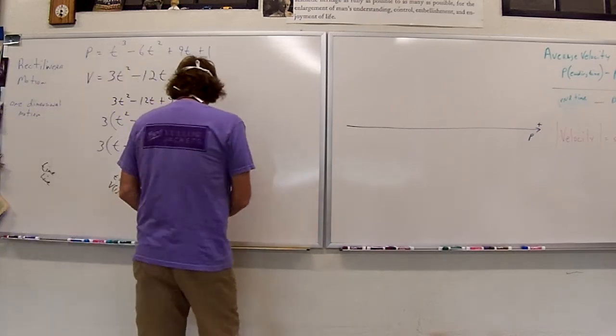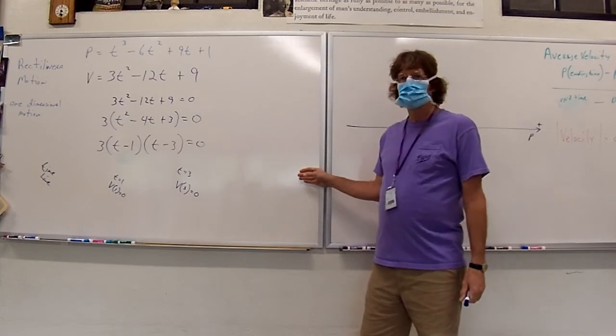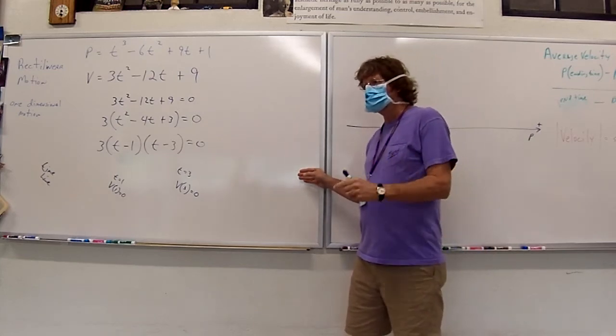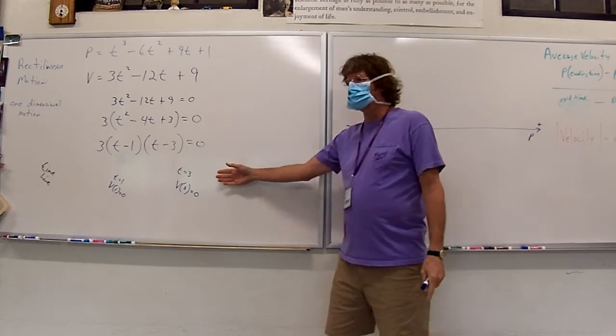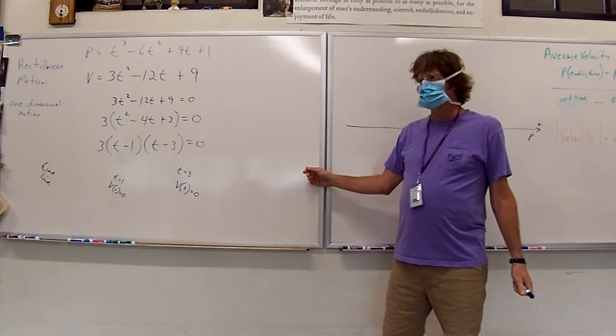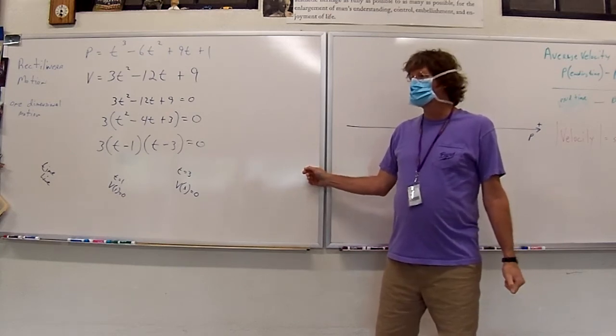Once I find out what direction it's going here, it's never going to change directions, because in order to change directions, the velocity would have to equal 0. And does the velocity ever equal 0 out there? No. Give me a thumbs up if everyone's following what I'm getting at here.